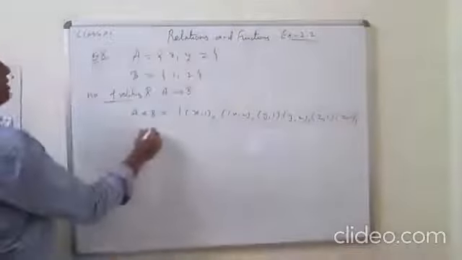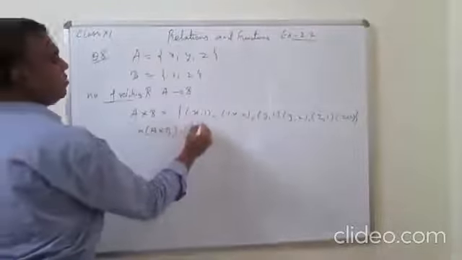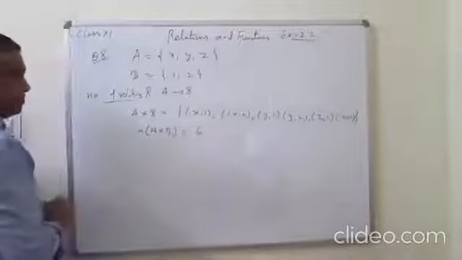So the number of elements in A cross B is equal to 6, that is 2 into 3.